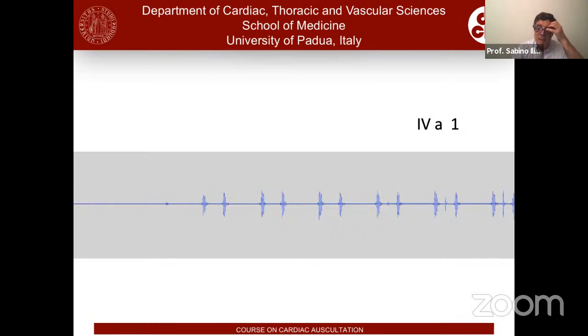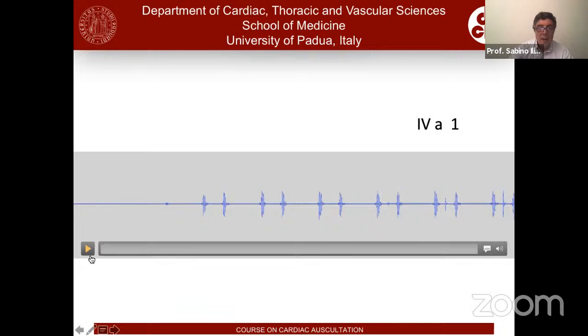Because immediately someone thinks of the third sound, but now we have to try to understand together how to distinguish a click from a third sound. So let's start again, but please close your eyes and listen with attention.